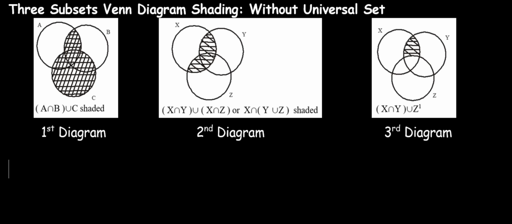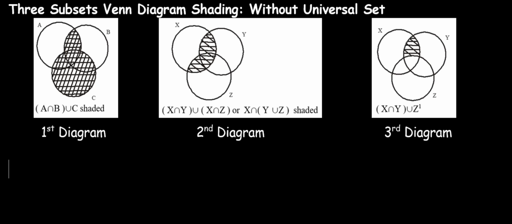Then the second diagram shows X union X intersection Y, union X intersection Z, shaded. That is, what is common between X and Y is shaded, and what is common between X and Z is shaded. Or you can say it this way, X intersection, bracket open, Y union Z, bracket close, shaded.